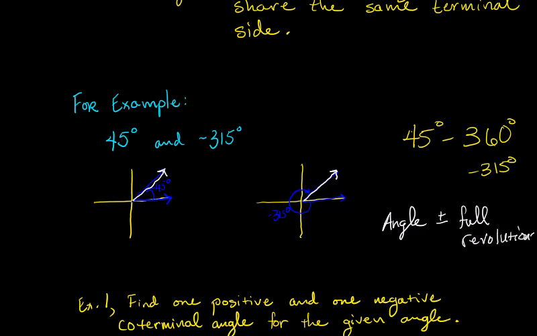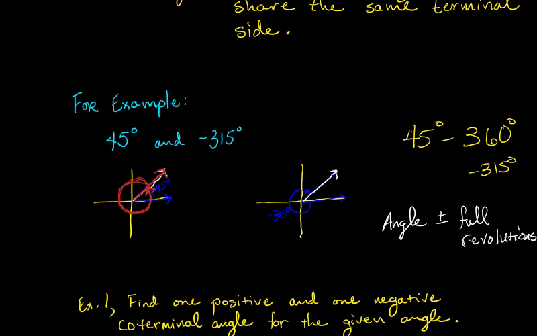If you think about it, we could start with 45 degrees and add 360. Looking back at this graph for the 45 degree angle, if I add 360, it ends right back at the same spot. So 45 plus 360 would be 405. You could add another 360 and get a new angle, but it would still end in the same spot.